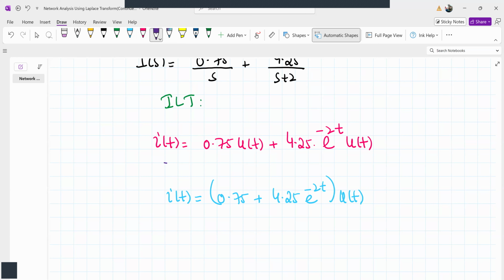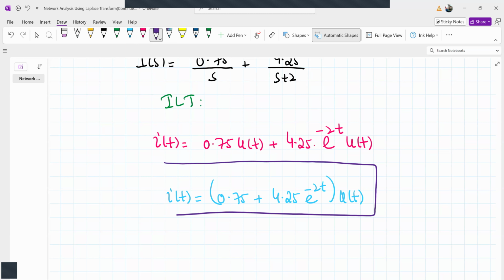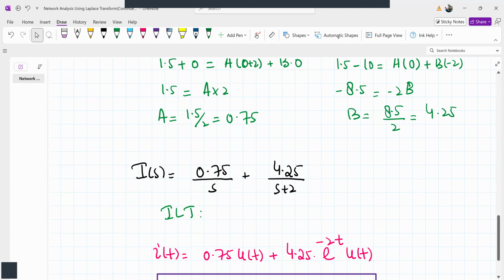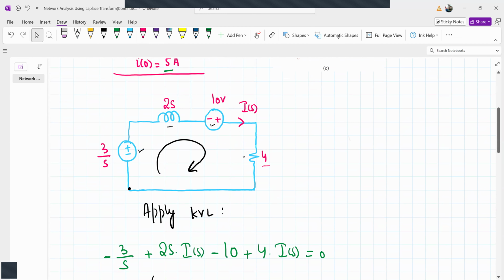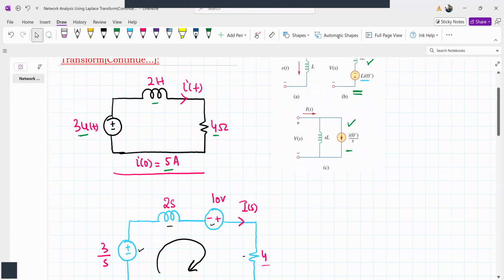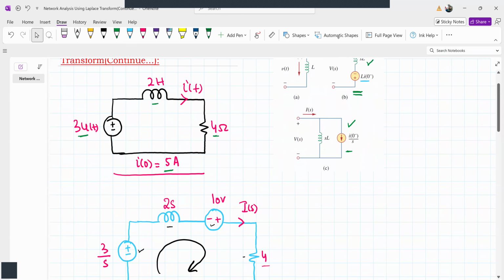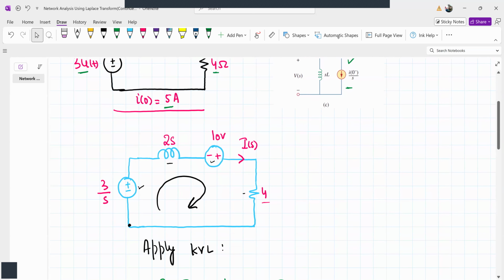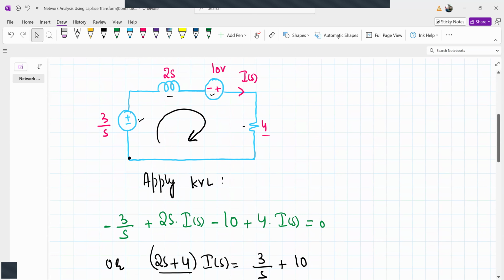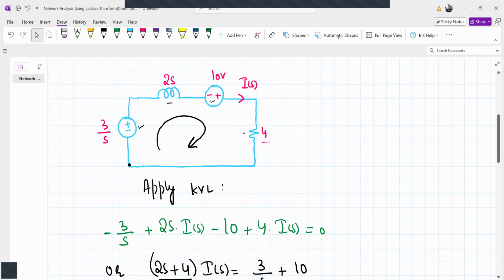Okay, so this is the answer to this problem. Our goal was to find the current in the inductor that is flowing here, given that initial current stored in the inductor is there. So we have used the Laplace transform method to solve this problem. We first converted the circuit into the equivalent Laplace transform version. Then we applied KVL in order to connect I of S in this equation.